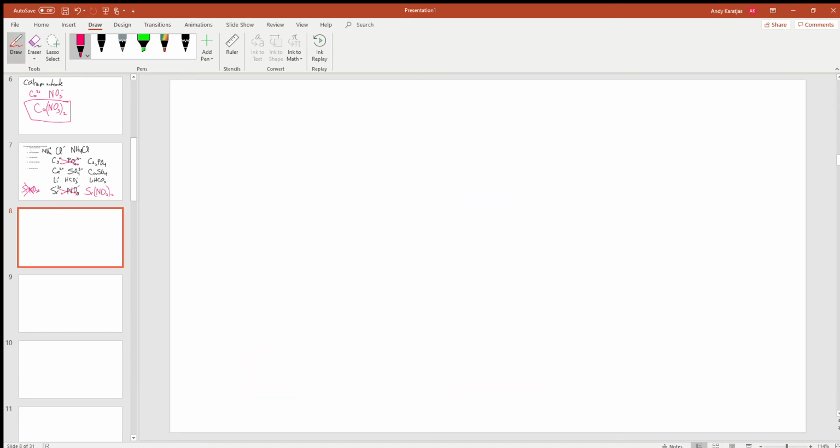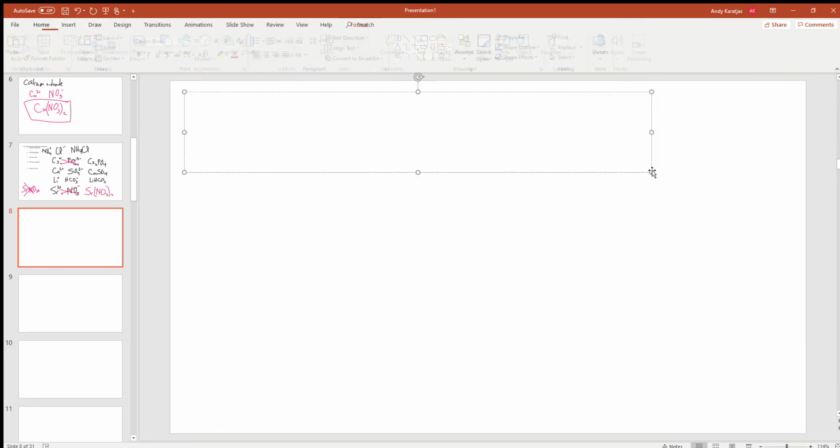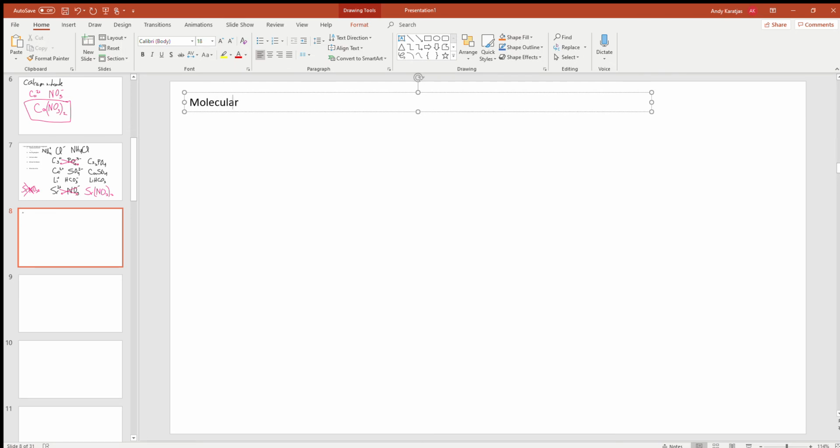Alright, our last bit here gets into what do we do if we have what we call molecular compounds, or 2 nonmetals. What do we do in that situation?